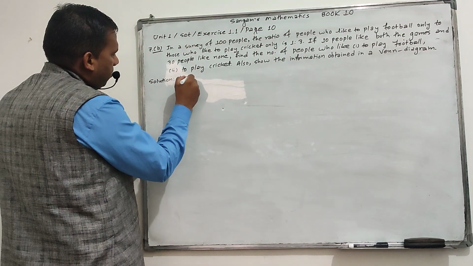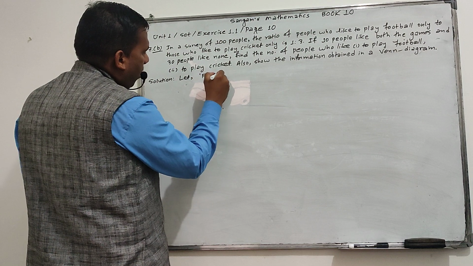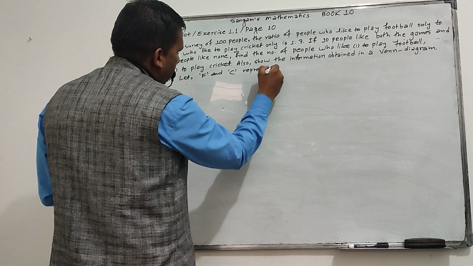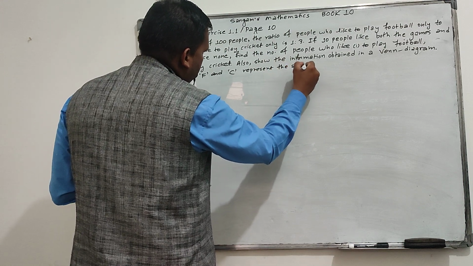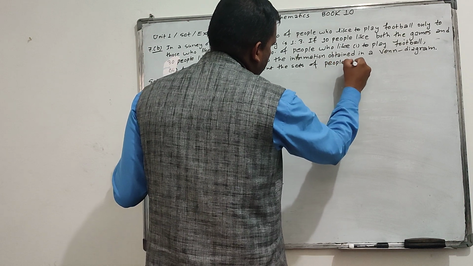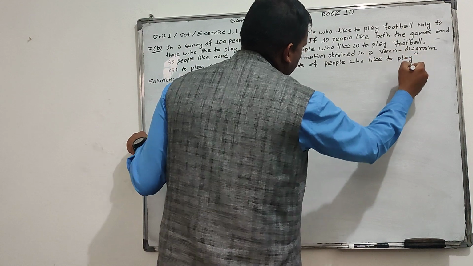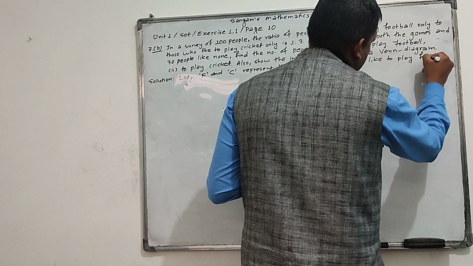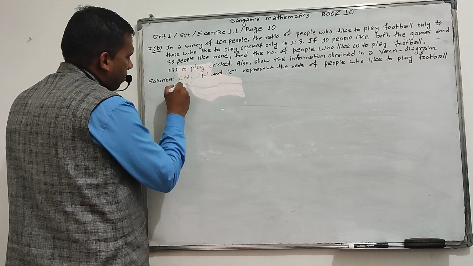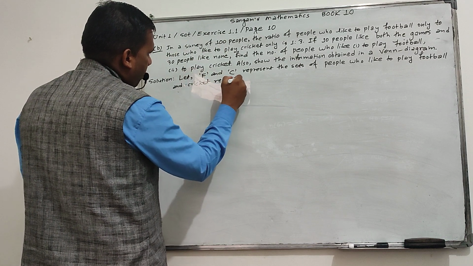Solution: let F and C represent the sets of people who like to play football and cricket respectively.